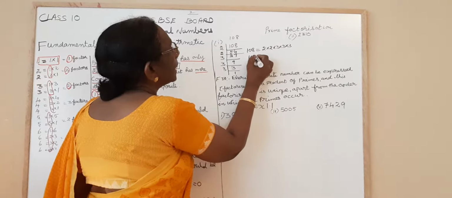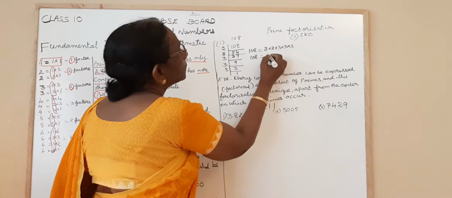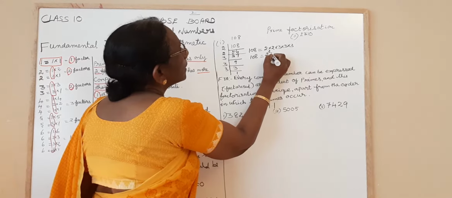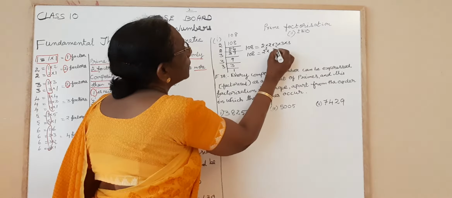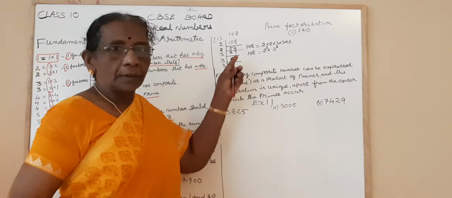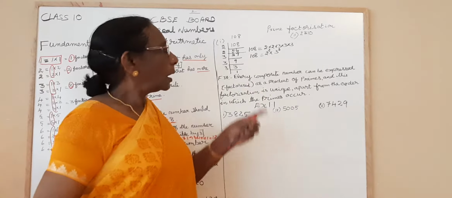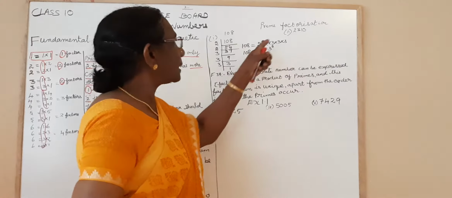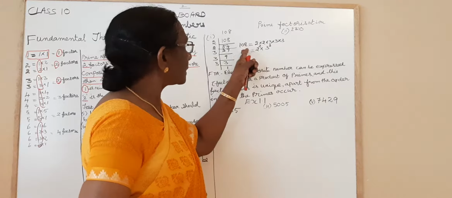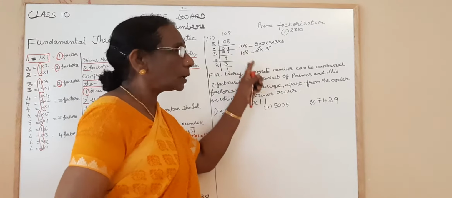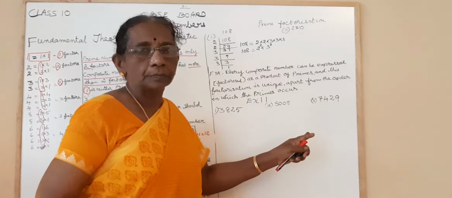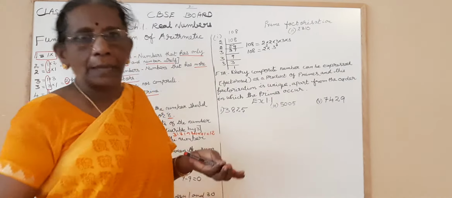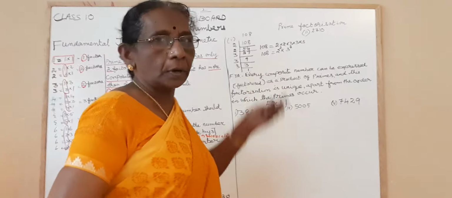So 108 is equal to 2 square into 3 cube. Have you understood, children? When you take the factors of 108, it is only 2 square and 3 cube. You won't get any other prime number as a factor of 108.